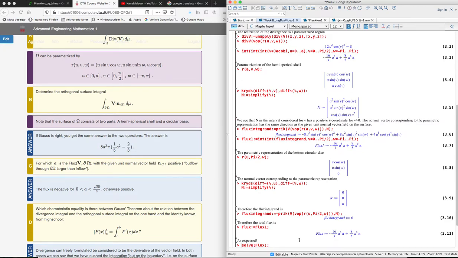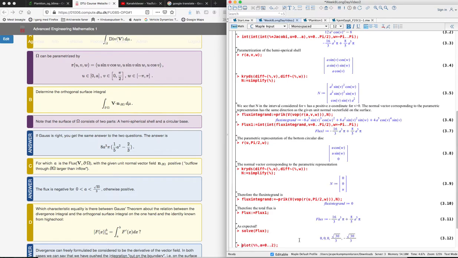Now we want to know when this flux is positive and when it is negative. In order to do so, we put it equal to 0 and solve for A, and you see A is a positive quantity.